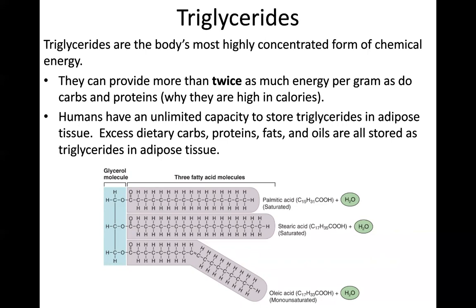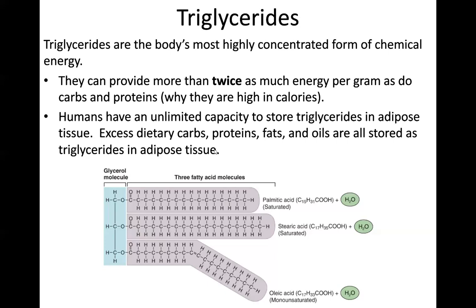If you have 10 grams of a carbohydrate and 10 grams of a fat, you get way more energy from the fat, and that's why if something's really fatty, it's going to be higher in calories. Does that make sense? So per gram, it's 9 calories for fats, only 4 for carbs and proteins.